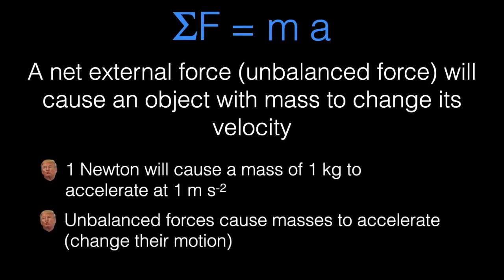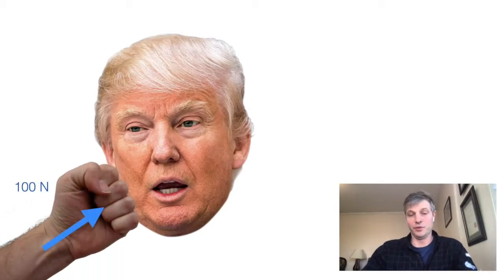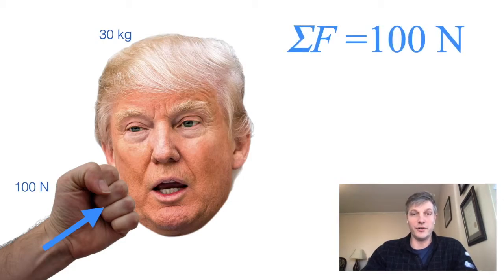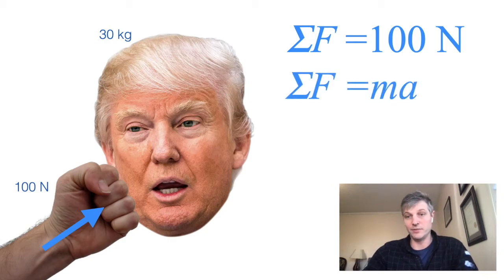So let's now take a look at a couple of examples here. Here we have a mass, a body, and we're going to apply a force to it. In this case, this is a 30 kilogram body. So let's apply this now to Newton's second law. We have a net force equal to 100 newtons, and we know that the net force equals the mass times the acceleration.